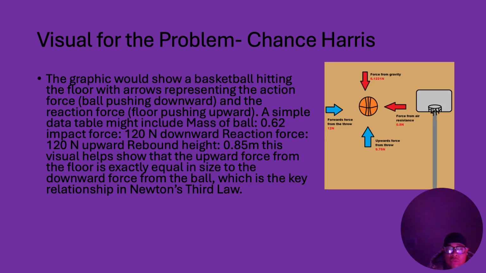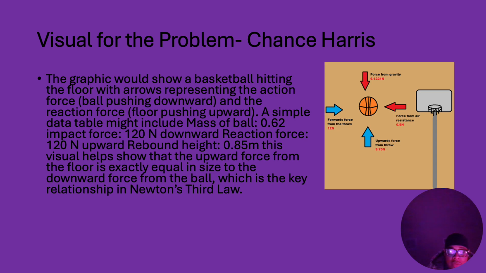For the visual of the problem, I have graphics which show a basketball hitting the floor with arrows representing the action force, the ball pushing downward, and the reaction force, the floor pushing upward. A simple data table might include mass of ball, which is 0.62 kilograms, impact force, 120 N downward, reaction force, 120 N upward, and rebound height, which is 0.85 meters.